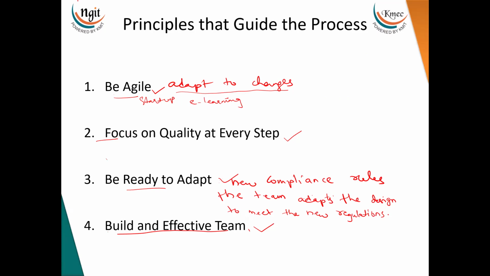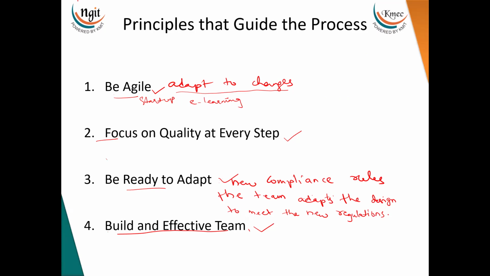Then only can we lead to success. Unless you have this kind of trust, collaboration, or teamwork, you cannot have guaranteed success. So that is the reason why building an effective team is very important.